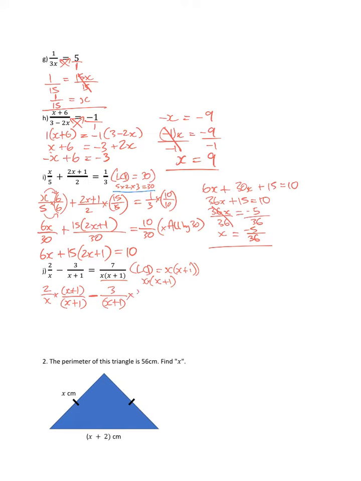I need to times it by x over x. 7 over x plus 1, that's already got the lowest common denominator we want. So top by the top, 2(x plus 1) over x(x plus 1). Take 3 times by x is 3x over x times by x plus 1, and this denominator we didn't need to do anything with.